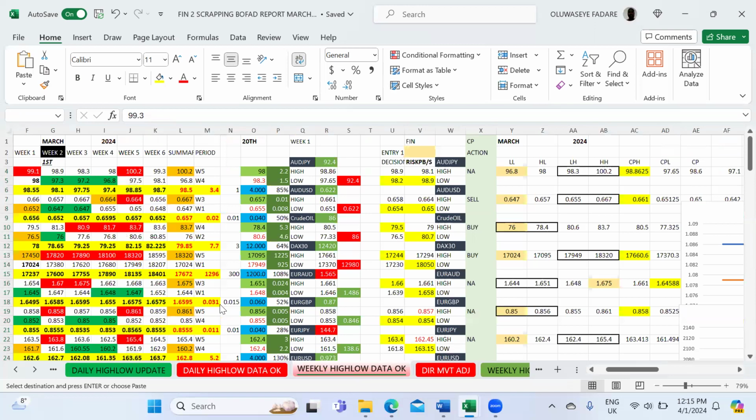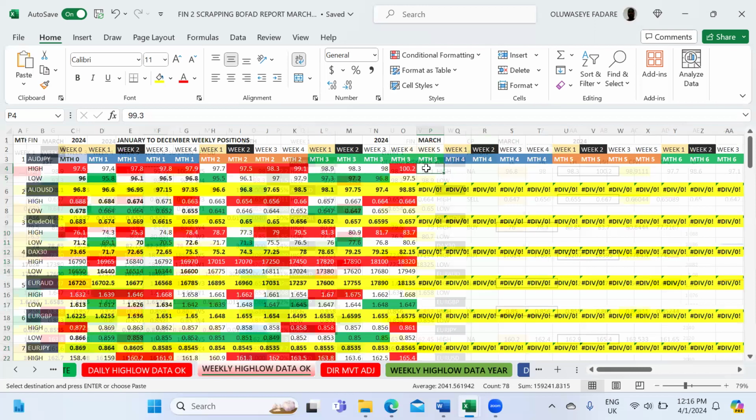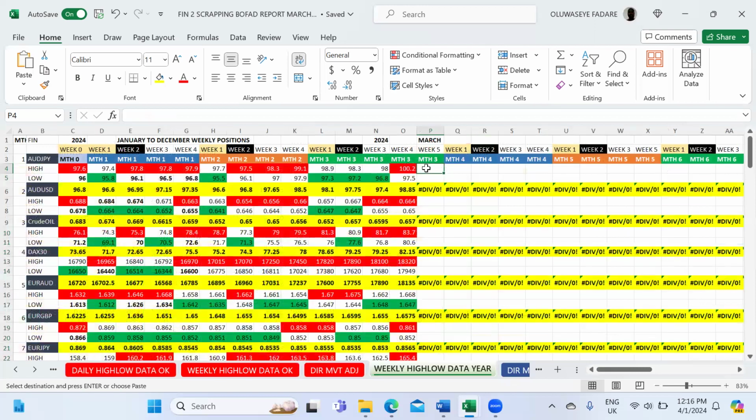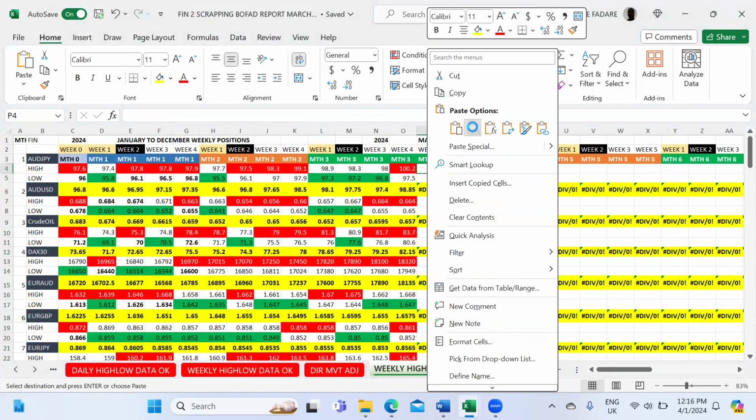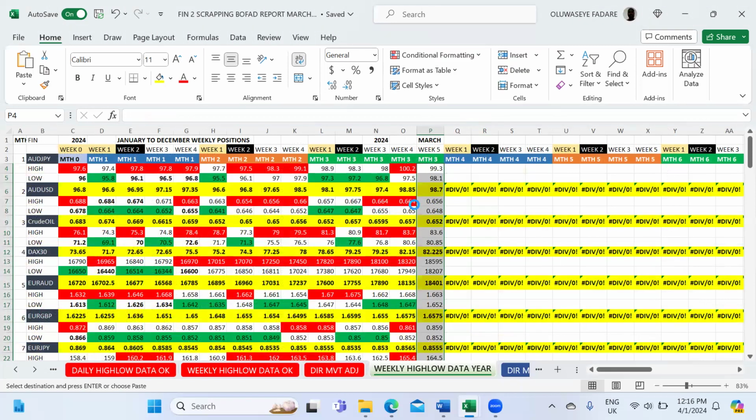We update this according to the moves, and we get all the updates from that. Normally we update this and then use it to update this place. So it helps us to identify the trend and the moves, and things like that.